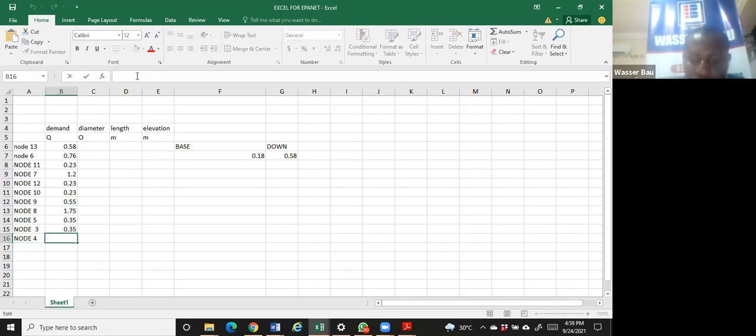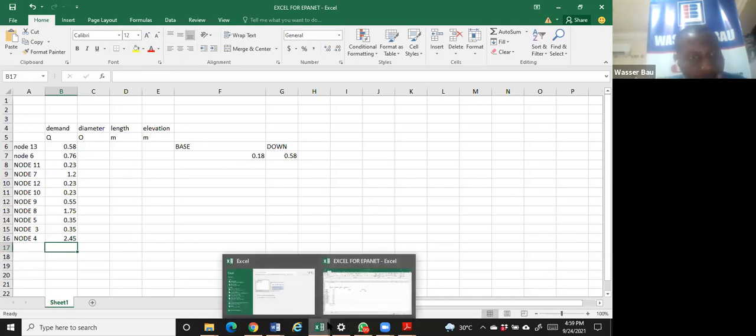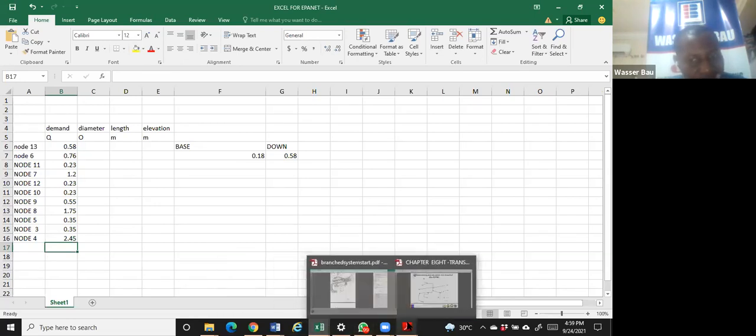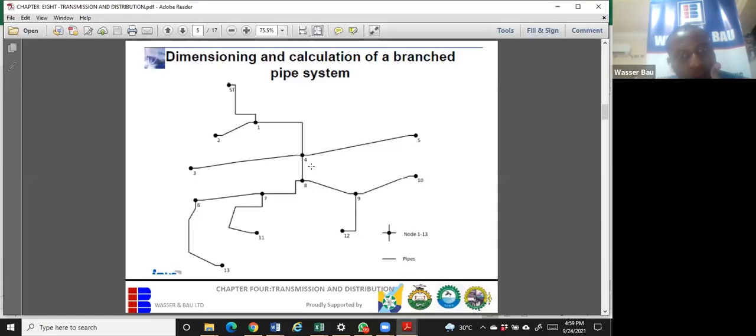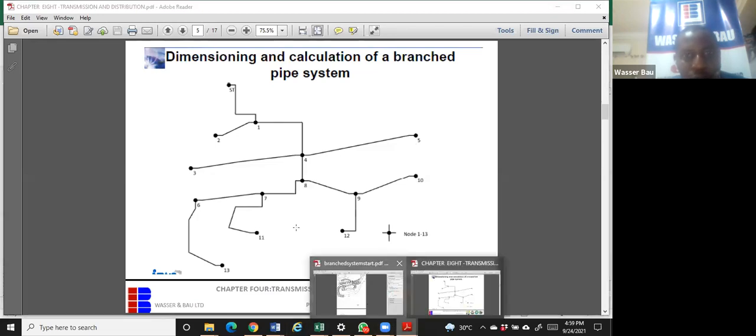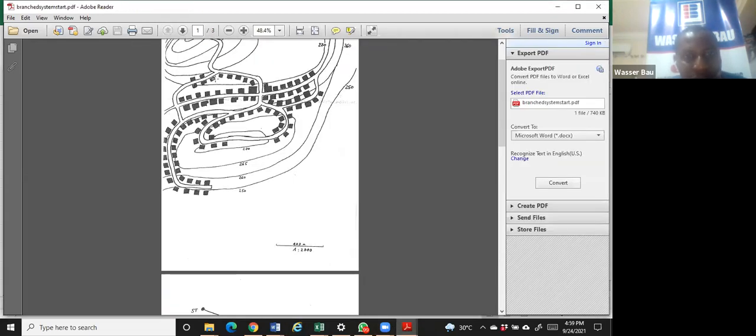Therefore, node 4 is going to be what? Equal to node 3 plus node 5 plus node 8, 2.445. Any question about that? That's node 4. Then node 2. What's the value for node 2? Node 2 has 5 houses and 1 empty plot here, but let's just assume 5 houses.